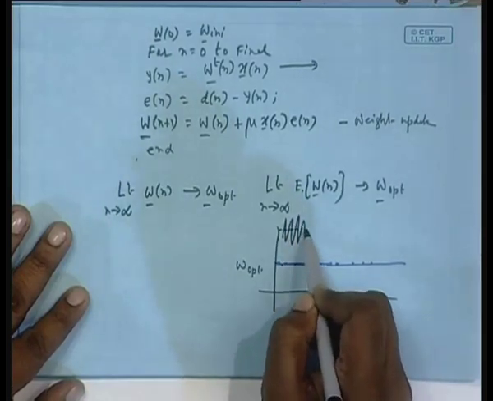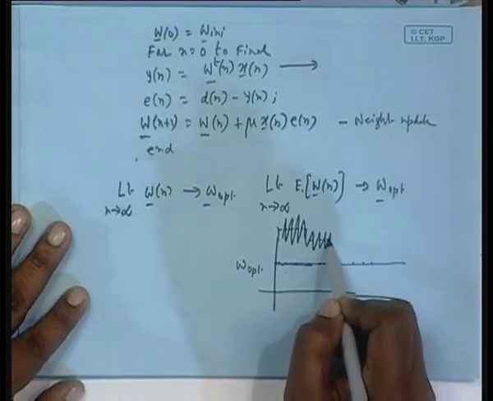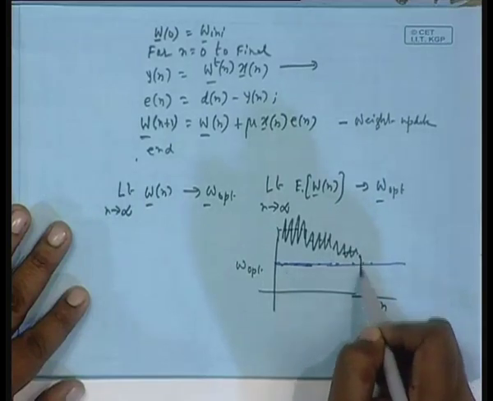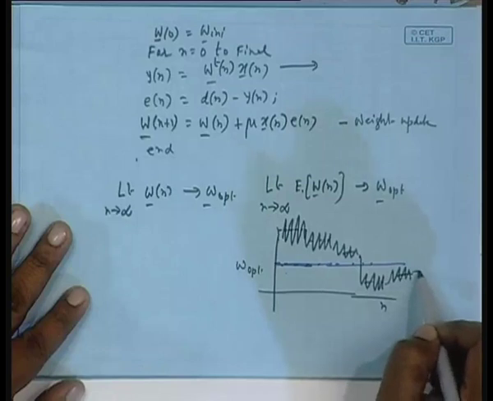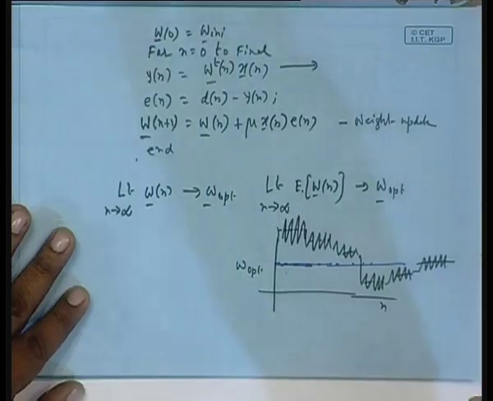So its mean is here, not on this. Then after a while it is fluctuating maybe here, its mean is here, so and so, but finally it will settle like this. Okay, this much we can prove, but that is not enough.